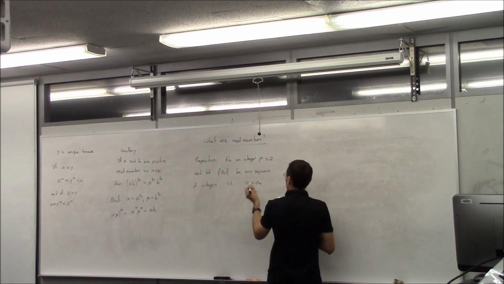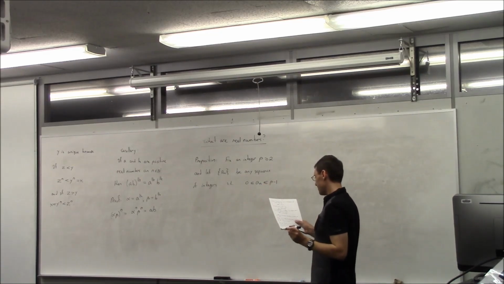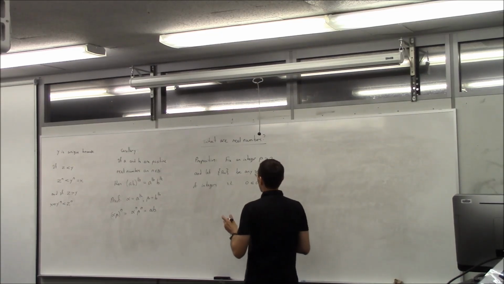So a_n has to be 0 or more. And the biggest it can be is the integer p minus 1. And that's true for all n.